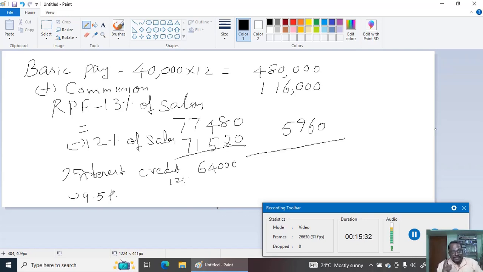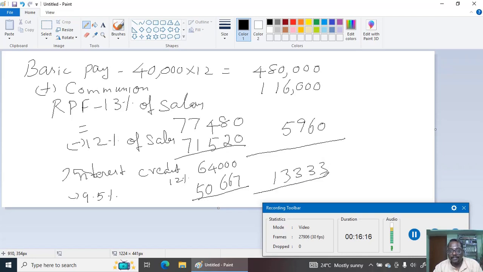Very simple. At 12%, how much income has been received? 64,000. So how do we calculate? 64,000 divided by 12 into 9.5. So 64,000 is the amount for a 12% return. Then what should we do? 64,000 divided by 12 into 9.5. The answer comes to 50,667. So deduct it: 64,000 minus 50,667 comes to 13,333.